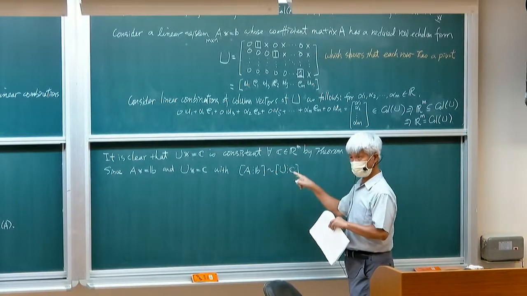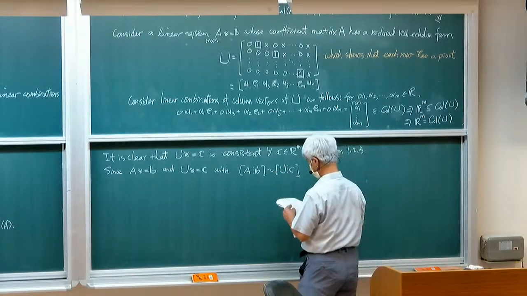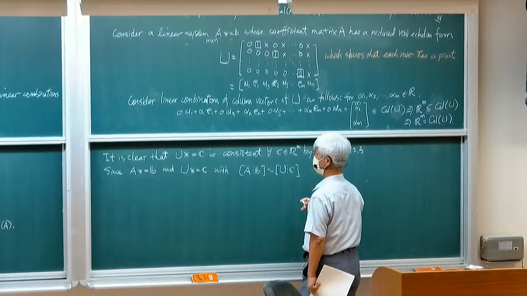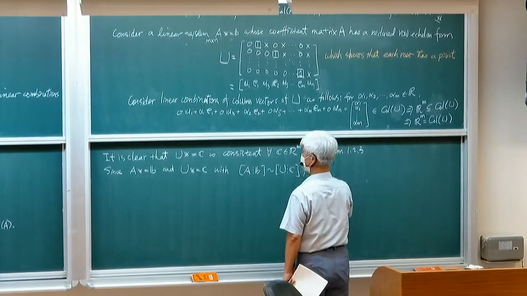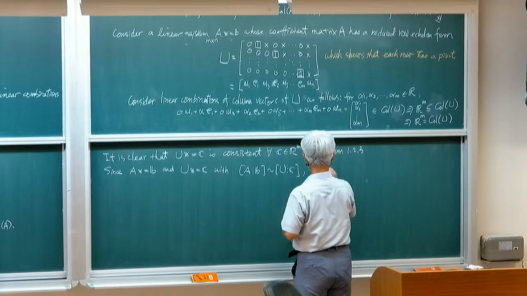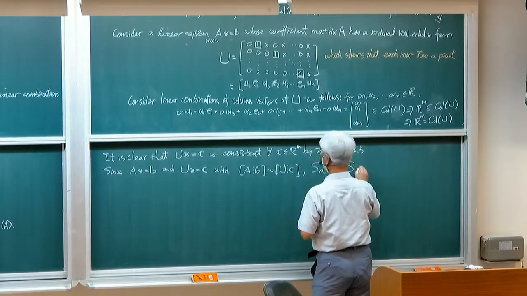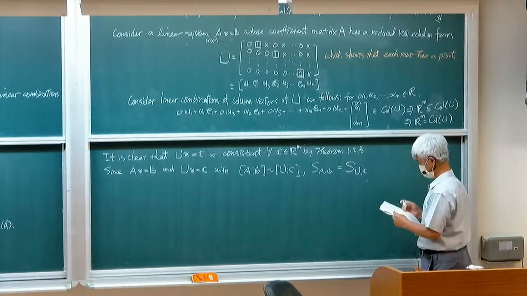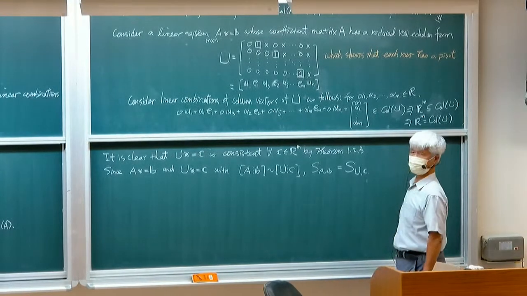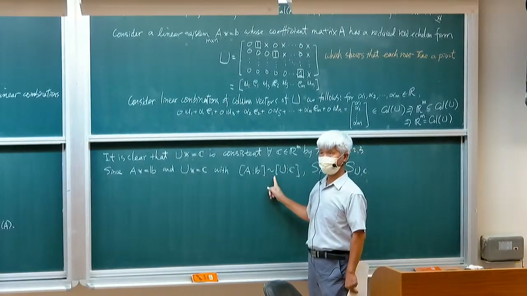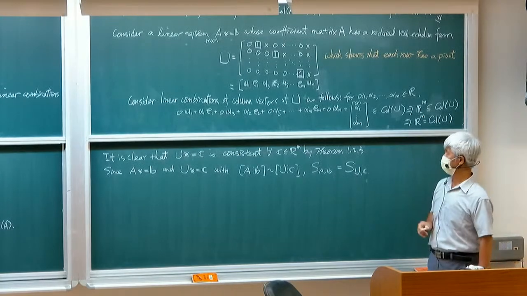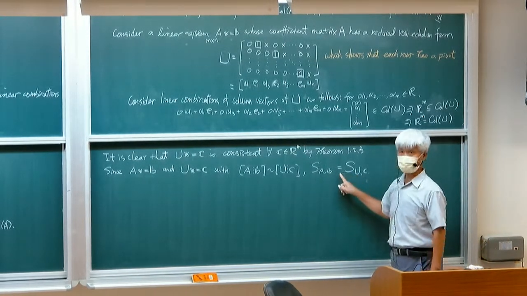Okay, so they are row equivalent to each other, right? The solution space is equal to the solution space of C. Okay, so because they are row equivalent to each other, as we just proved last week, they will have the same solution set. Okay?